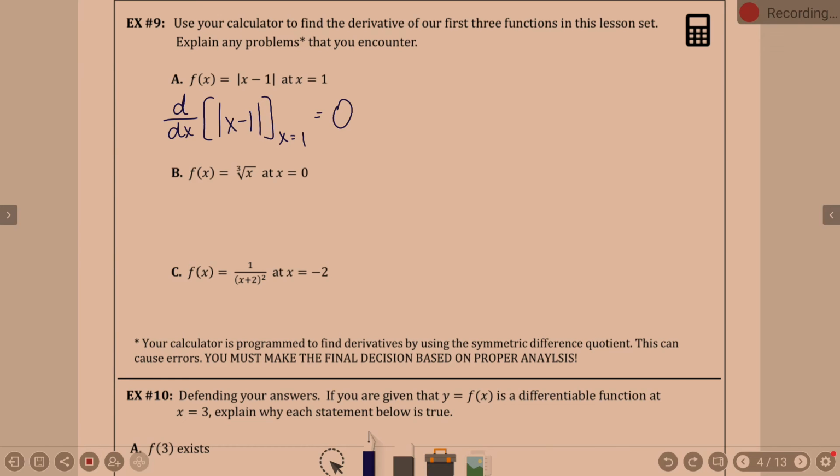Now, officially, what's happening? If you think about the graph, absolute value of x minus 1, which, remember, minus 1 moves it right 1. Well, officially, there's a problem spot there, isn't there? Because that is a hard point. That is a sharp corner.